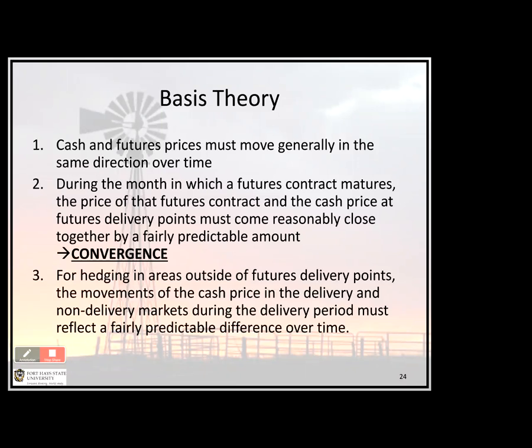And if I did this every year, I wouldn't be very accurate. But if you ask me what the basis is going to be next year in Hays at harvest time, I still couldn't guess it with 100% accuracy. I'd come closer to guessing that than I would cash price. And that is very important, and that's why hedging works, because we're betting on basis, not price. And you'll see that.